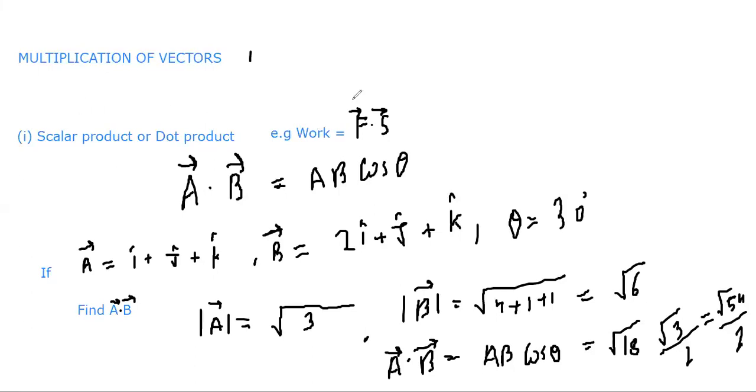So an example can be work, because work is a scalar quantity, but we get it by multiplying two vectors, force and displacement. So work is found by scalar product, and this is the way you find a scalar product.